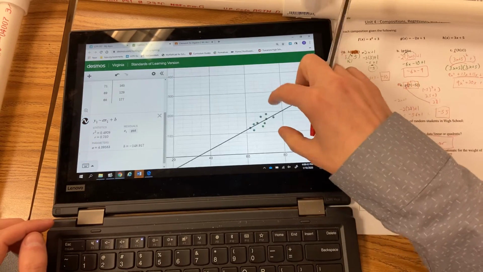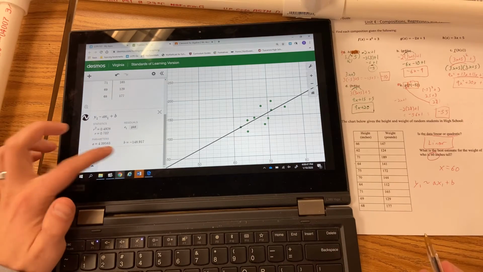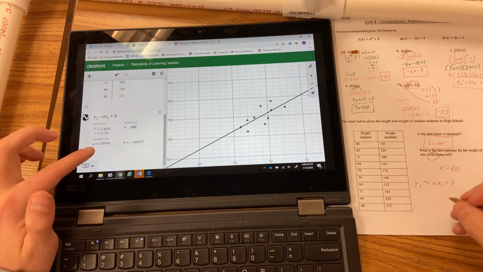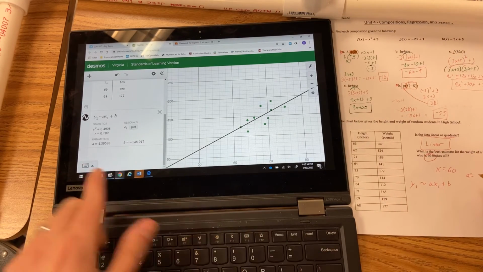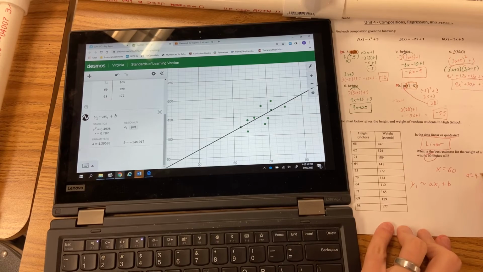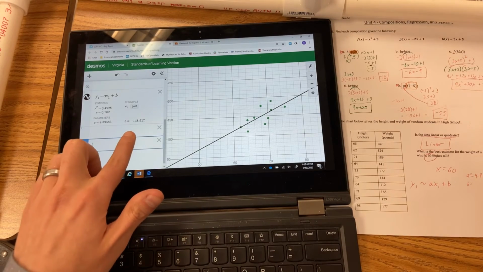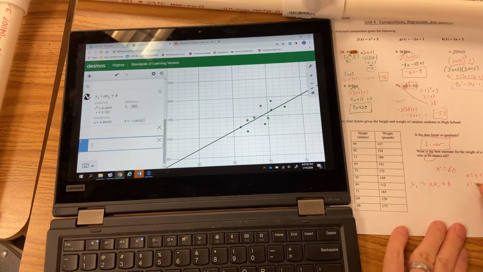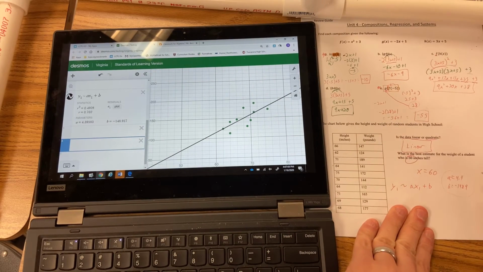So there you go. Over here, it's going to tell you what a and b are. I'm just going to round to one decimal place. a is equal to 4.4, and b is equal to, oh boy, negative 148.9. So these are the numbers it gives me.